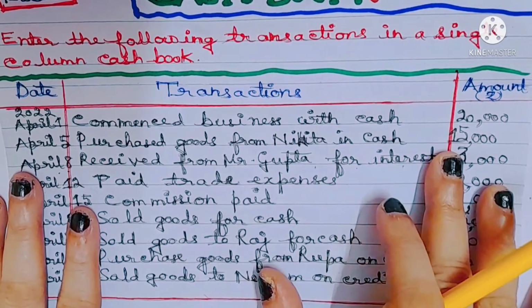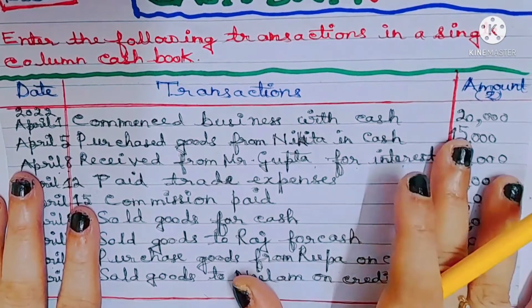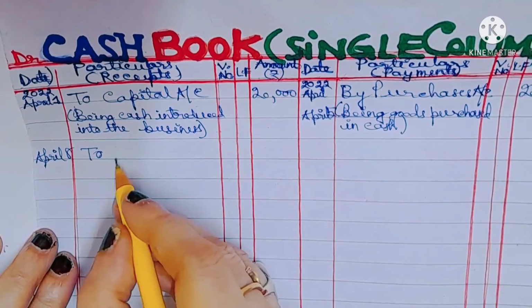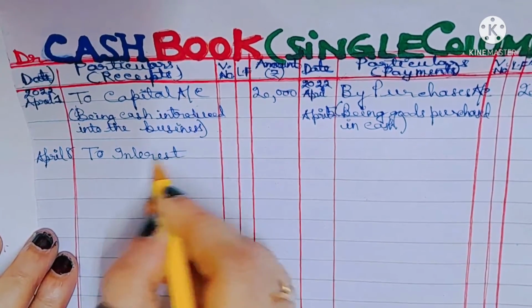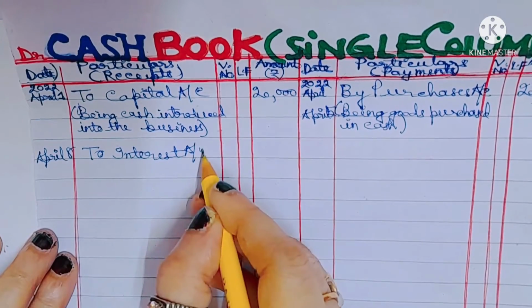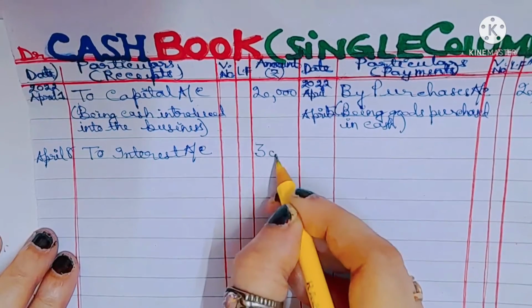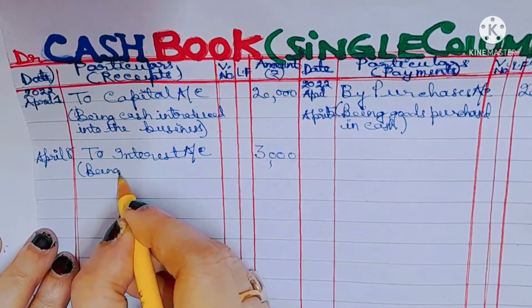So we'll have to write to interest account in the cash book on the debit side. Okay, so let's write 8th April to interest account, how much? 3,000.